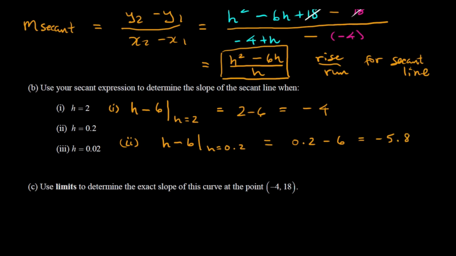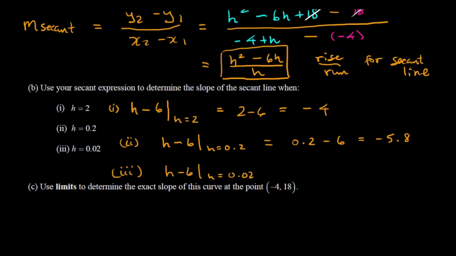Now our two ordered pairs are pretty close, only 0.2 units apart in terms of their x values, and that gives me a little bit more confidence, I guess, in understanding what my tangent slope is. It's probably around minus 5.8, and to get an even better idea, we'll go to the third part. We take our h minus 6 expression, and yes, we substitute in h equals 0.02.